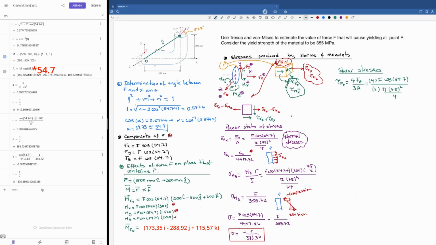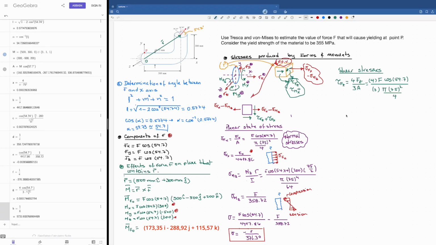Now let's go to the calculator to see how much that stress is. It's going to be 4 times cosine of 54.7 divided by 3 times pi times the square of the diameter. I just want to make sure I'm writing the correct force. Yes, and then I can divide that by this.